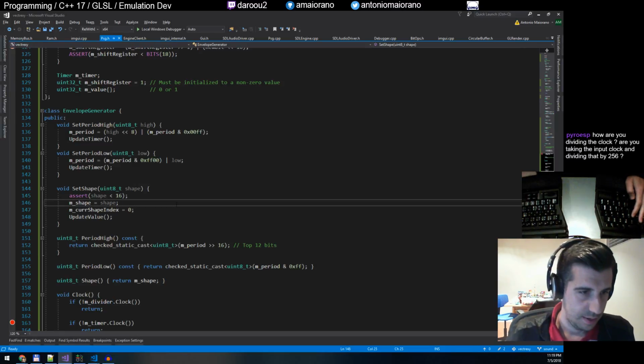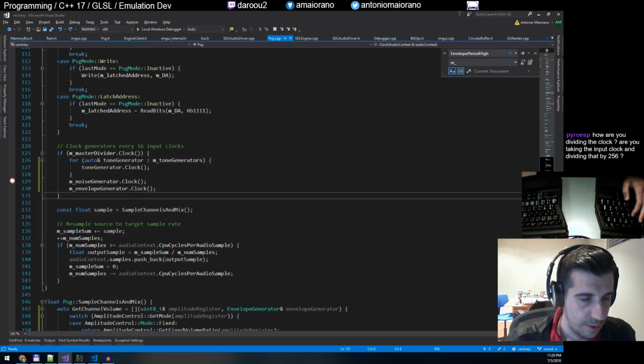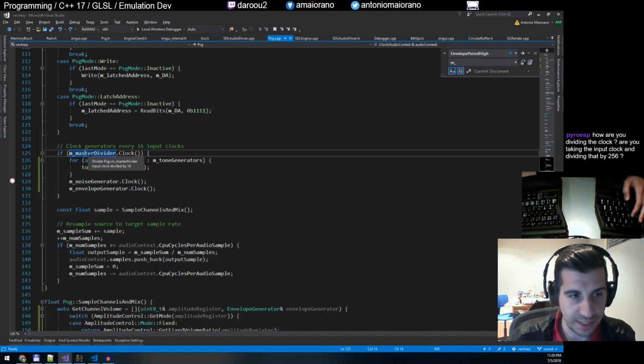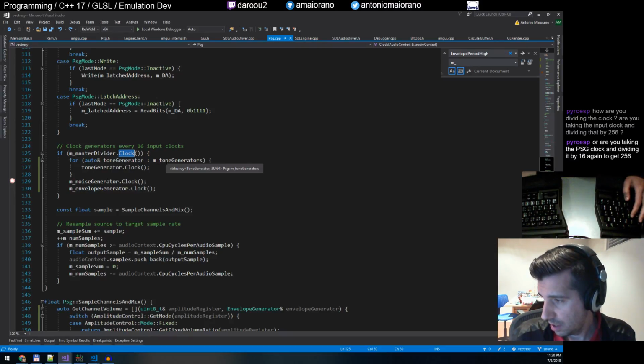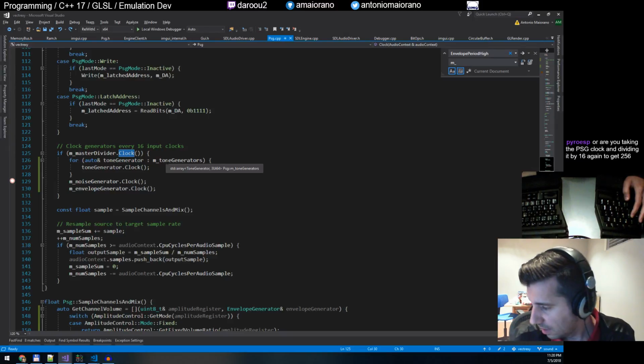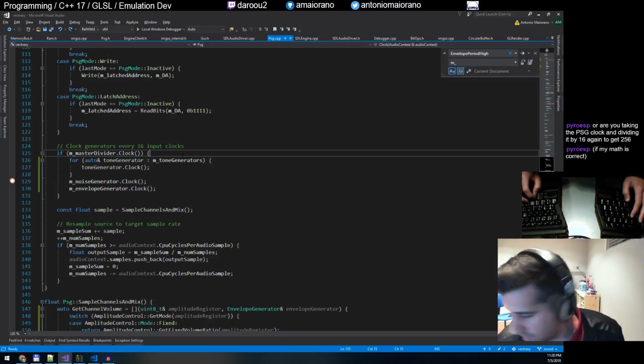So how am I dividing the clock? Okay, good question. I have this master divider, which basically returns true every 16 times we call clock. Otherwise it returns false. Yes, that's right. So I'll re-explain it just to be sure we're talking about the same thing.